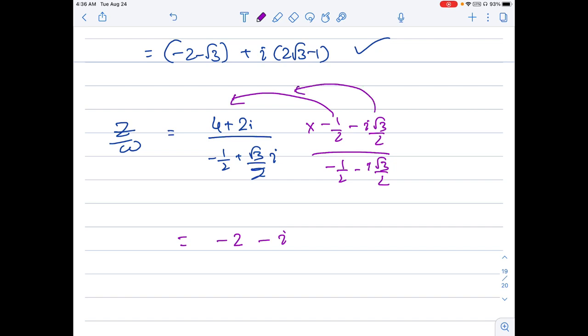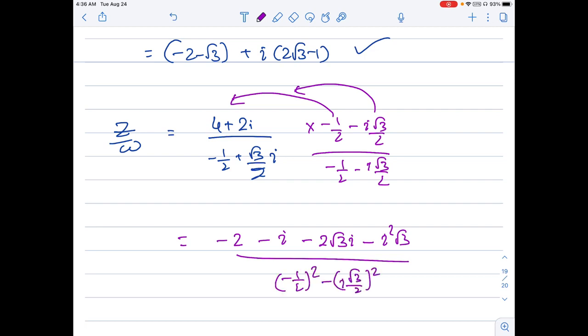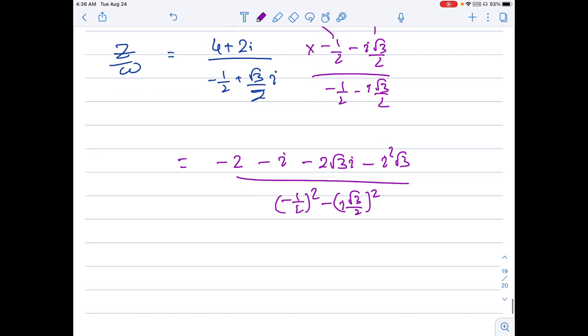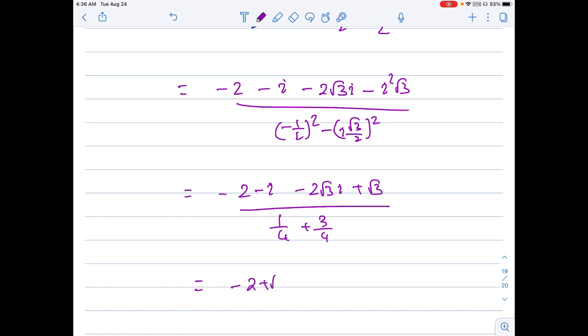When I multiply with minus i root 3 by 2, it becomes minus 2 root 3 i, then minus i square root 3, divided by the modulus squared. Just now we know that it becomes minus 1 upon 2 whole square plus root 3 upon 2 whole square, so the denominator becomes 1. So it becomes minus 2 minus i minus 2 root 3 i plus root 3, divided by 1 upon 4 plus 3 upon 4, which is 1. So it becomes minus 2 plus root 3, then i common, minus 2 root 3 minus 1.